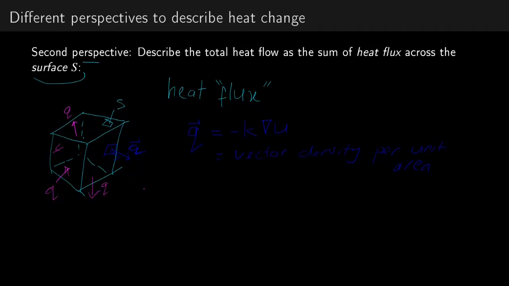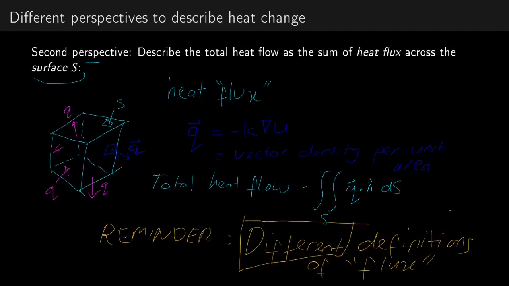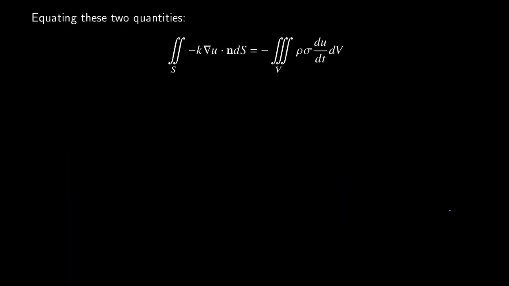Again, it's a vector field. Now, the total or net heat flow is the surface integral. This is exactly as we did before in the first or second lecture. Again, to remind you, we are using different definitions of flux.